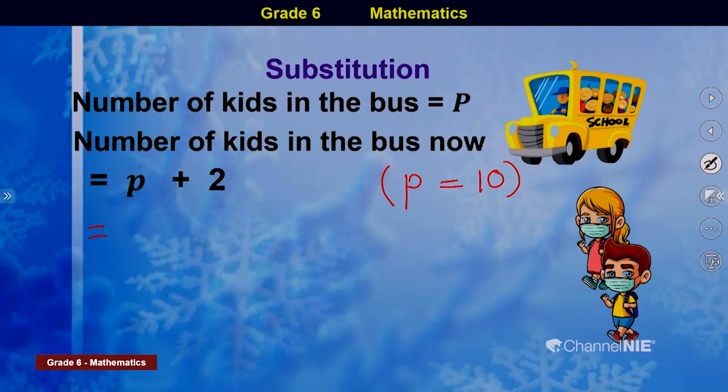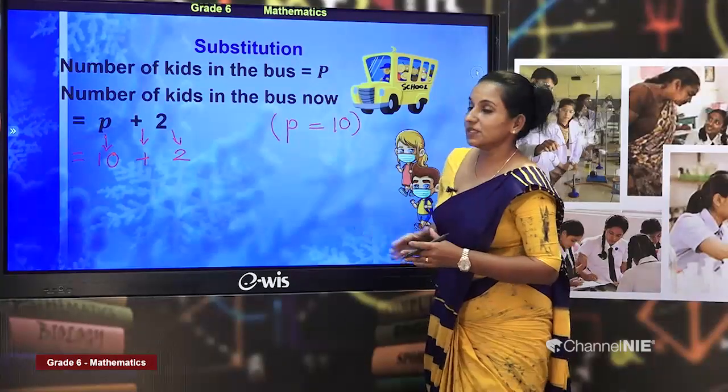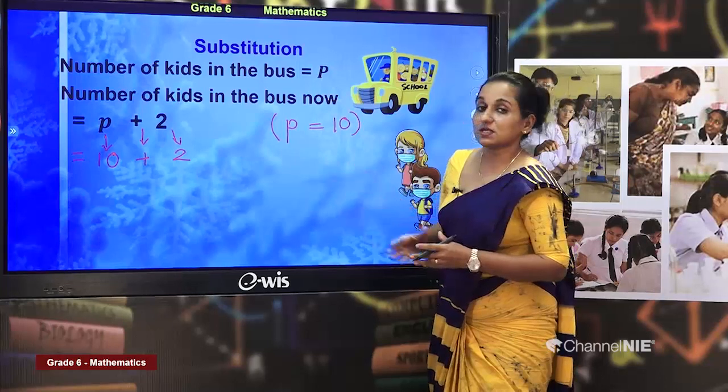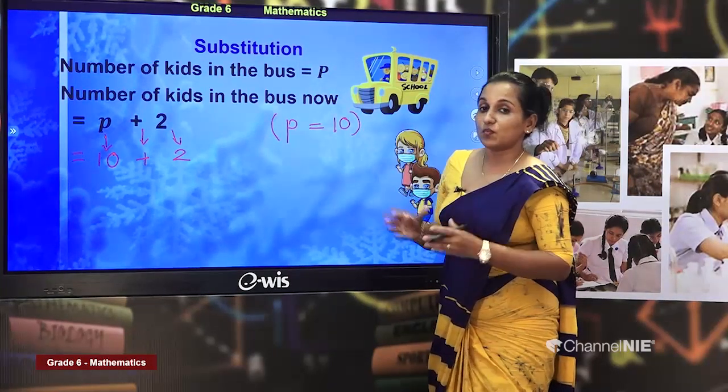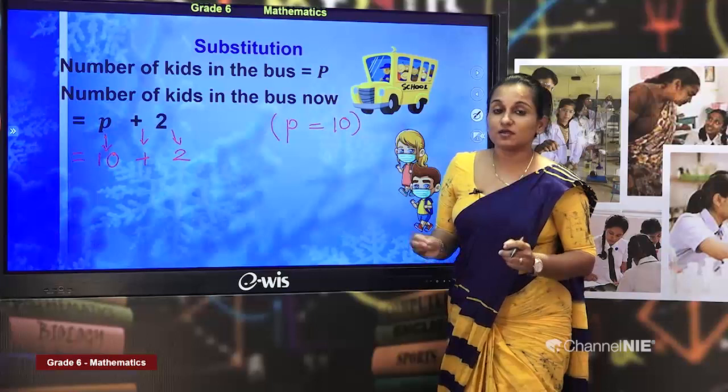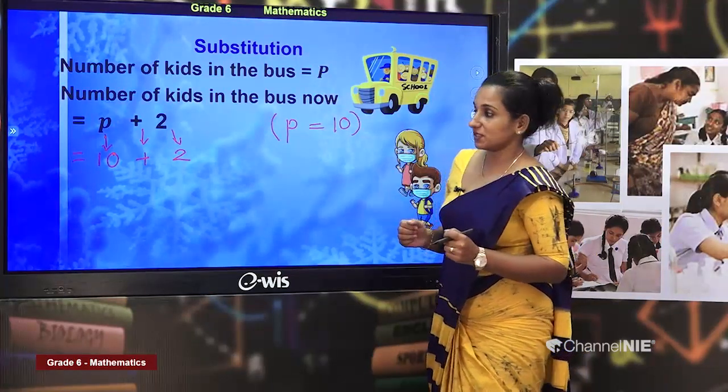We know that p equals 10. So instead of p, I can replace 10. Then I can write this mathematical operation as it is. Then this number 2 also as it is. What did we get, kids? We got a numerical expression. We know that we can simplify the numerical expression further.